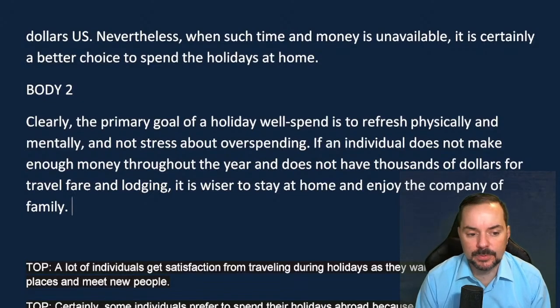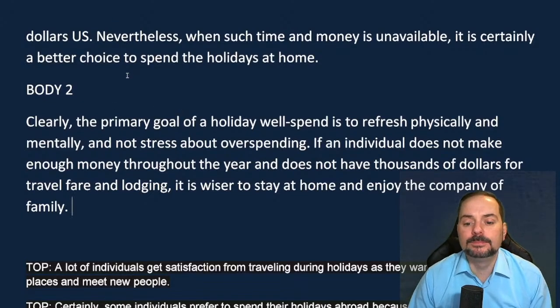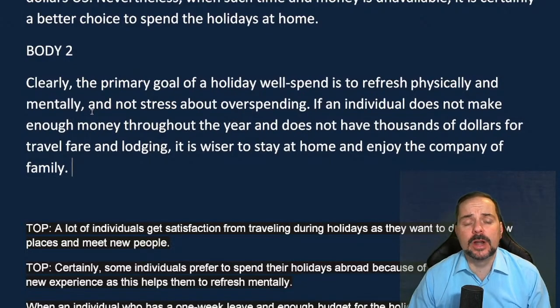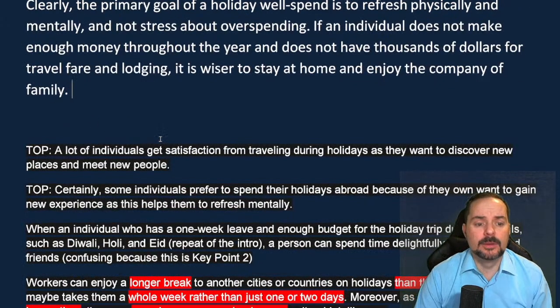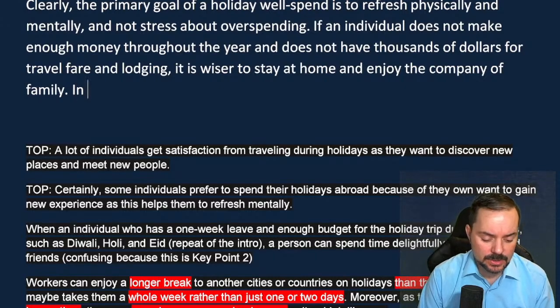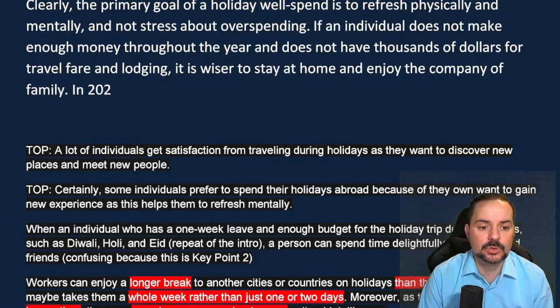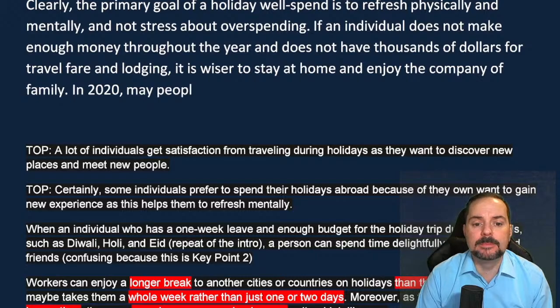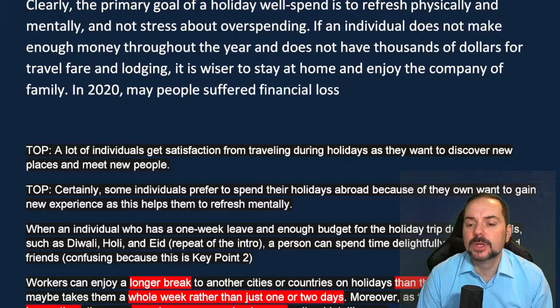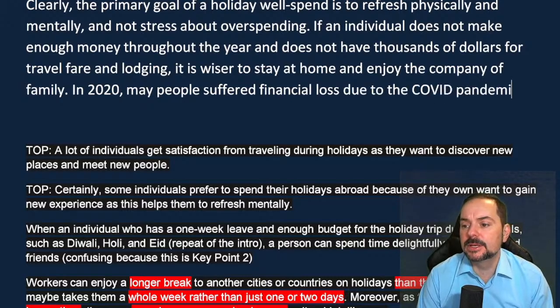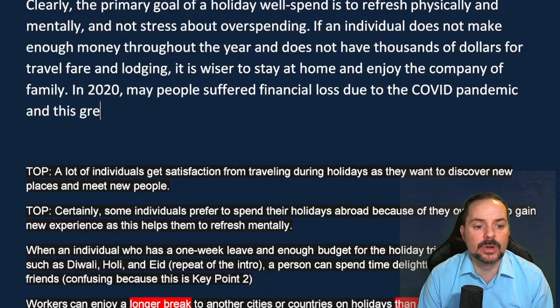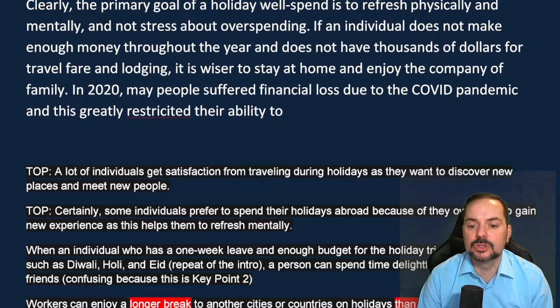Let's not overdo it, okay? So I can give a little bit more explanation. In 2020, many people suffered financial loss due to the COVID pandemic, and this greatly restricted their ability to travel for the holidays.